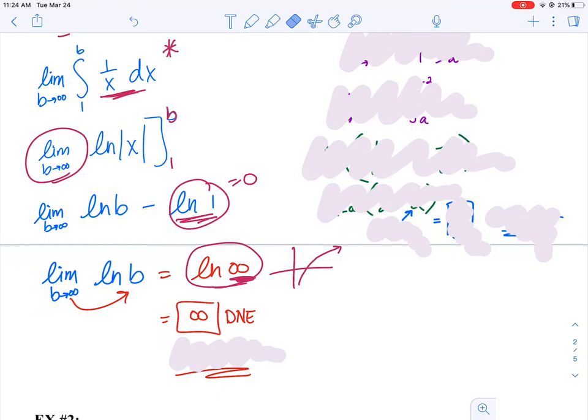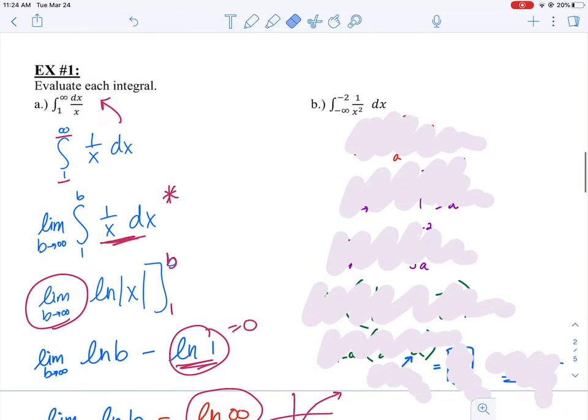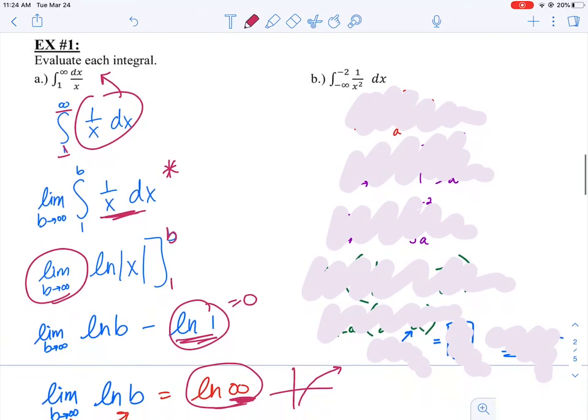There is no definite area; it just keeps growing and getting really large. Do you remember what word we use when we don't have a real number that represents the area? Yes, it was divergent. So this is an example of a divergent integral, where the area underneath the graph of 1 over x from 1 to infinity just keeps getting bigger and bigger.